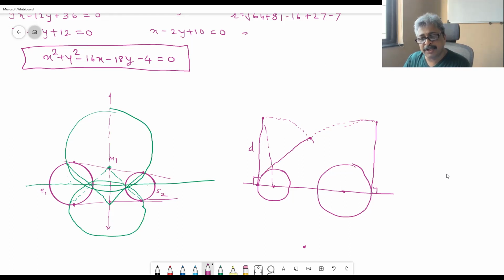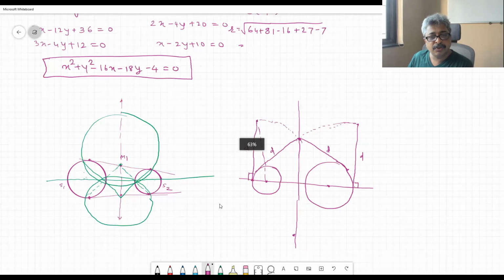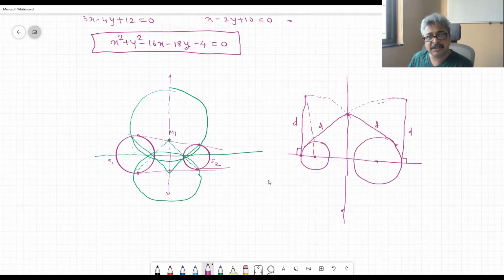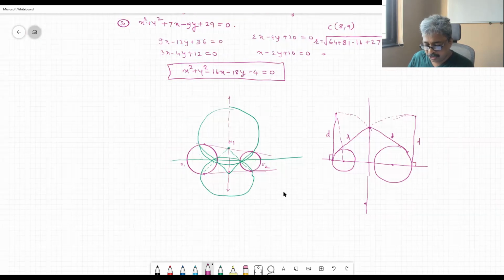And from this point, will the length of the tangent also be equal to D? Yes. This is D, this is D, this is D. So this point belongs to the radical axis. Similarly, this point belongs to the radical axis. Join them. You will get the radical axis. Good. That is how you can construct the radical axis of any given two circles.